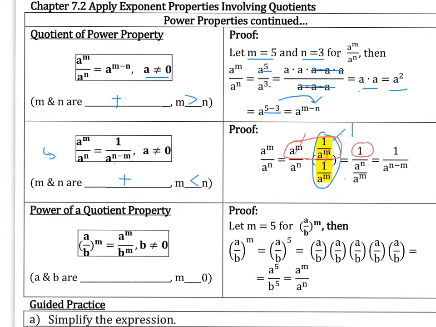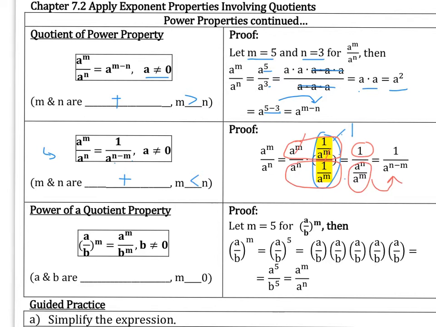And I can take a to the nth power and multiply that by 1 over a to the m power to get a to the n over a to the m in the denominator. And then I can rewrite this as 1 over a to the n minus m.